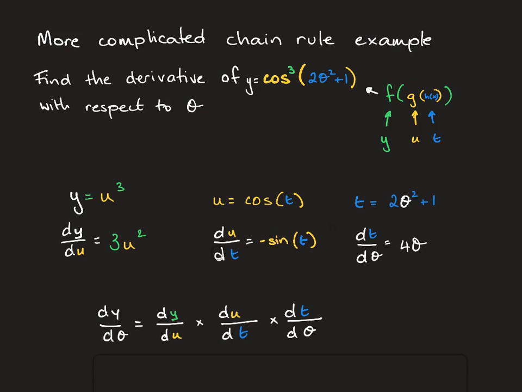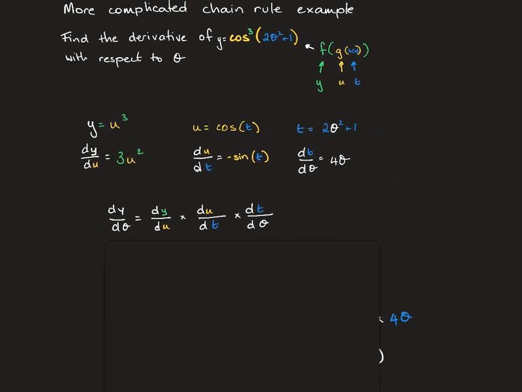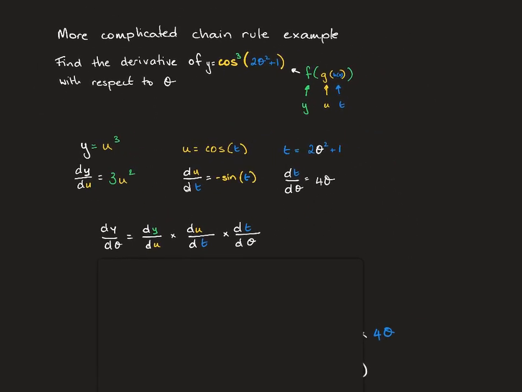So let's put those formulas in and see how that works. Let's just move this up a little bit and substitute in our formulas. So dy du is 3u squared, times minus sine of t, times 4 theta.